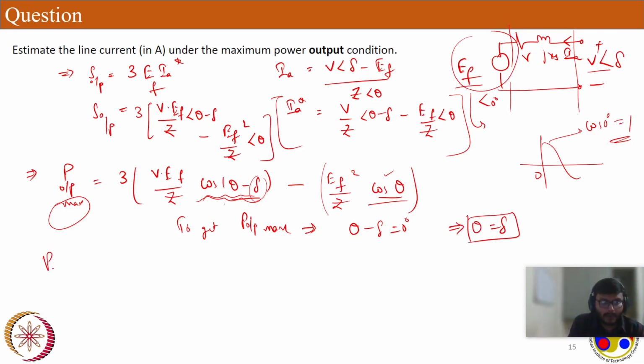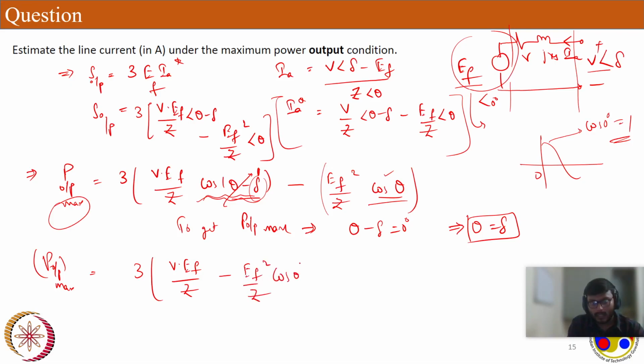Now what will be the power expression? 3 VEF by Z times 1 minus EF square by Z cos theta. So let's calculate the power here itself. 3 V is how much?